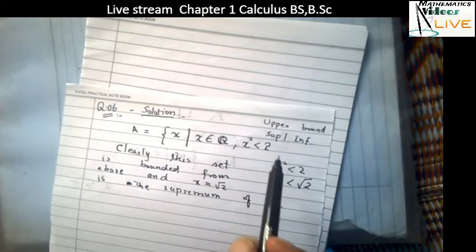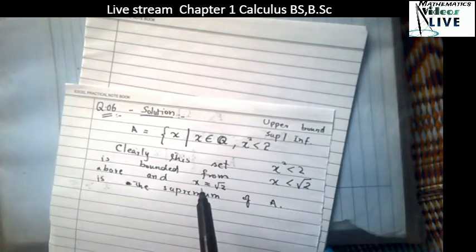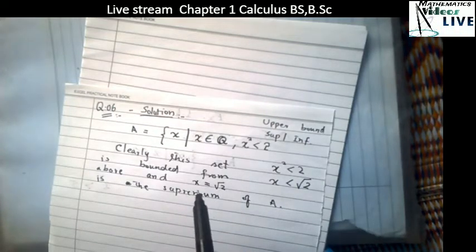And note that the supremum of this set is square root 2, and this is an irrational number.